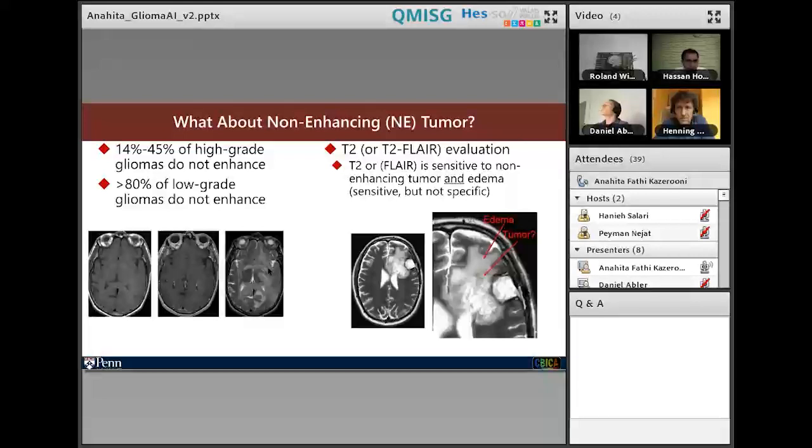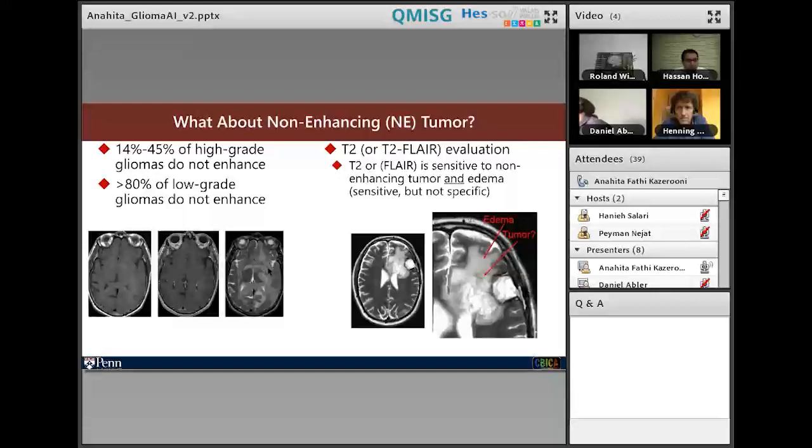What about non-enhancing tumor? We know that 14 to 45% of high-grade gliomas do not enhance, and more than 80% of low-grade gliomas also do not enhance. So they have non-enhancing tumor. If they do not enhance on the images, it doesn't mean that there is no tumor inside it. It means that conventional MRI falls short of showing that.